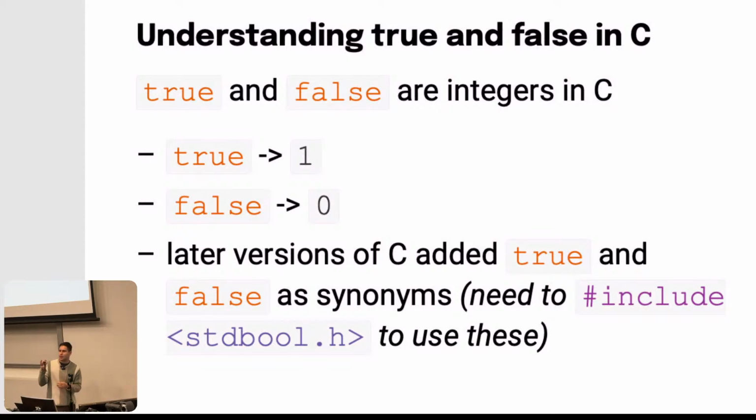Later in the language, they gave us handy true and false values, but they still map down to 1 and 0. Interestingly, C didn't ship with this. If you don't include stdbool.h, you have to use 1 and 0 for true or false.